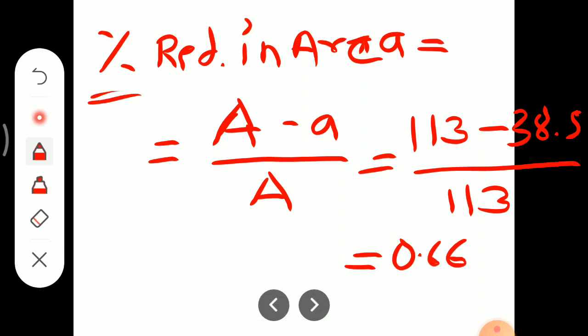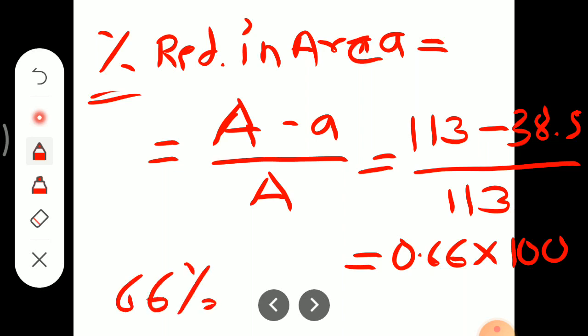But we need it in percentage, so multiply by 100, and it is 66%. The final answer is 66% reduction in area.